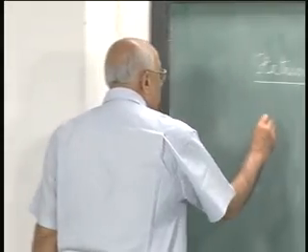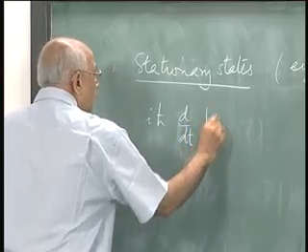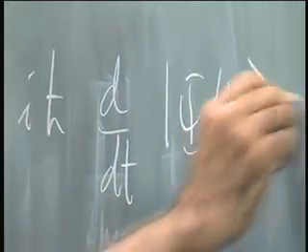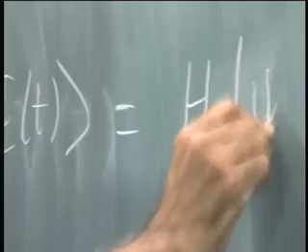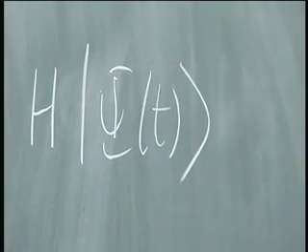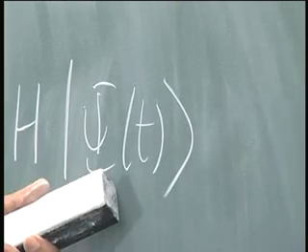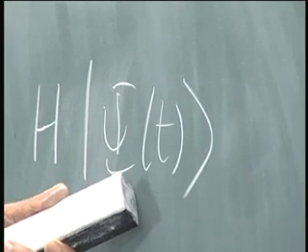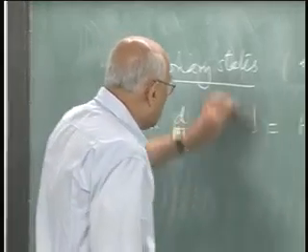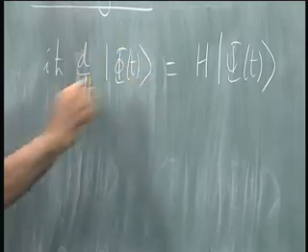It says i h cross d over dt psi of t must be equal to H psi of t for any state. But if it is an eigenstate of the Hamiltonian, then H on psi reproduces the same state. So let me use a special notation for it. Let us use phi for an eigenstate of the Hamiltonian for the moment.